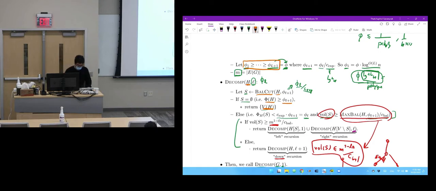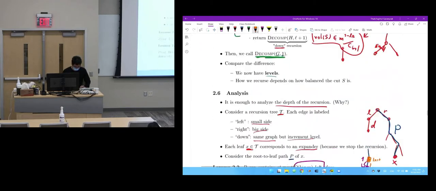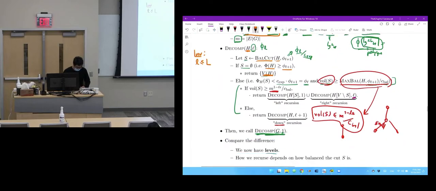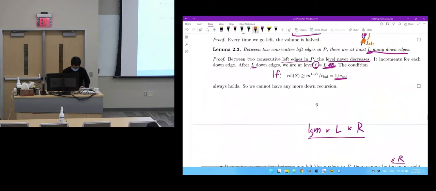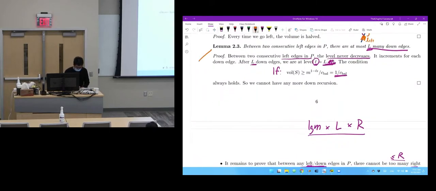And we said before that this l is actually going to be at most capital L, because we will never increment it more than that. This is an invariant, and this is the proof here.